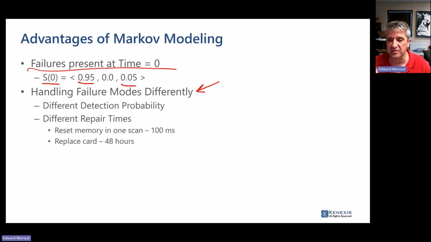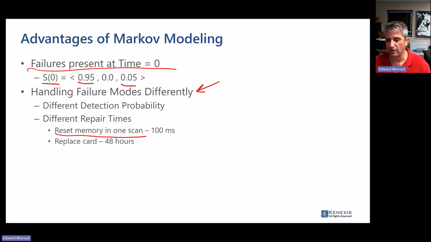I'm talking about the specific mechanical failure that caused you to get into the failed state. So for instance, there may be a failure mode where a cosmic ray from outer space flipped a bit in memory. That could be a dangerous undetected failure mode.